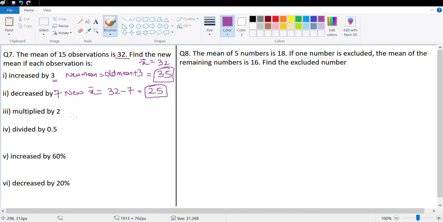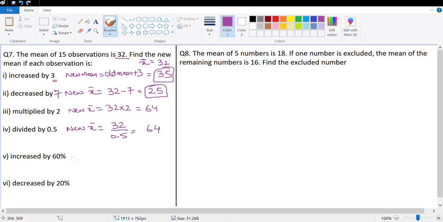Let's look at the next one, which says multiplied with 2. So new mean will be equal to old mean multiplied with 2. In this case, 64. Next, divided by 0.5. So new mean will be equal to old mean, which is 32, divided by 0.5, which is again equal to 64.